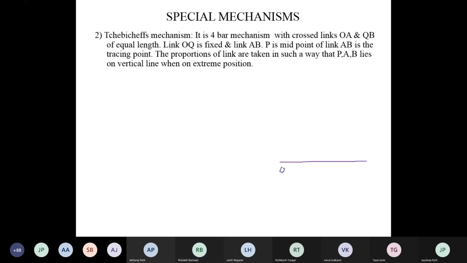Next, suppose the other link is AB. This is P and this is A. P is the midpoint of link AB. Now you have to join the points OA and QB.